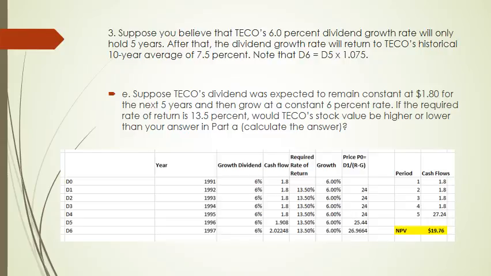For Part E of question 3, suppose TECO's dividend was expected to remain constant at $1.80 for the next 5 years and then grow at a constant 6% rate. If the required rate of return is 13.5%, would TECO's stock value be higher or lower than the answer in Part A?